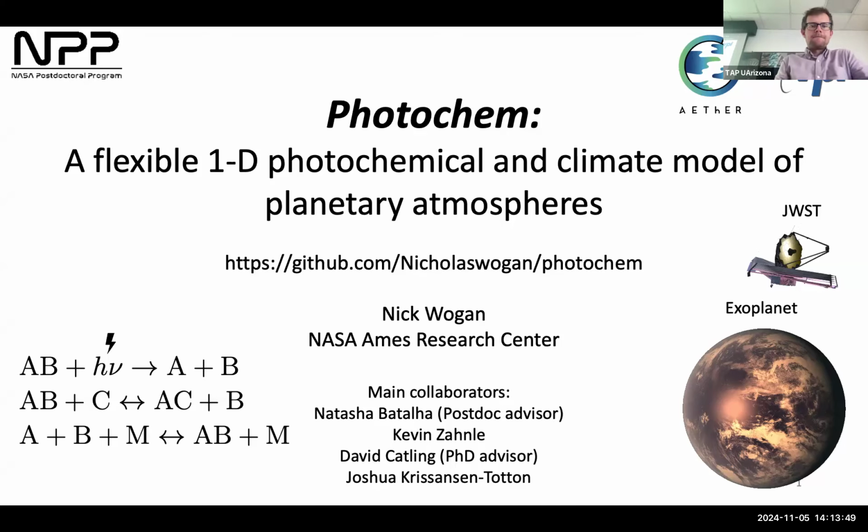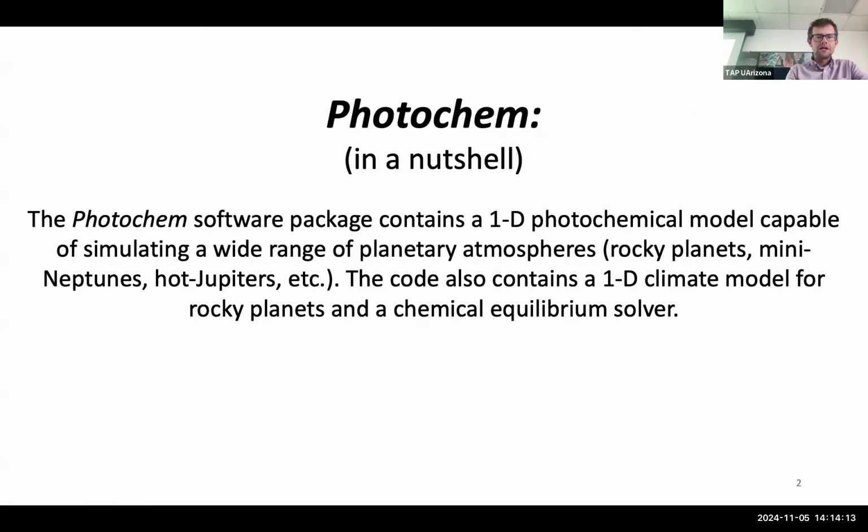So we're going to be talking about PhotoChem. That's the name of the software. It's a photochemical and climate model. It's one-dimensional, so the vertical dimension is considered, and we ignore horizontal changes in atmospheres.